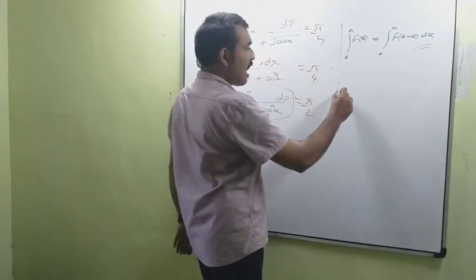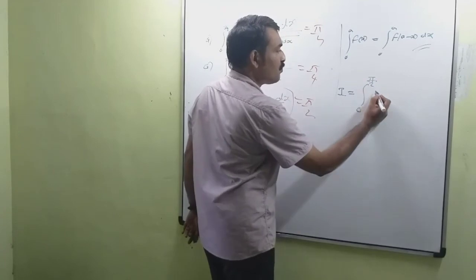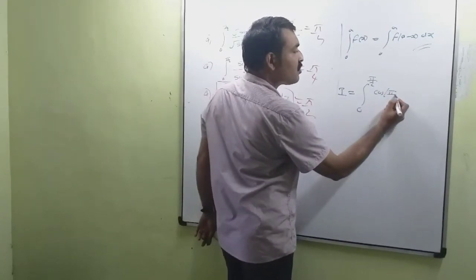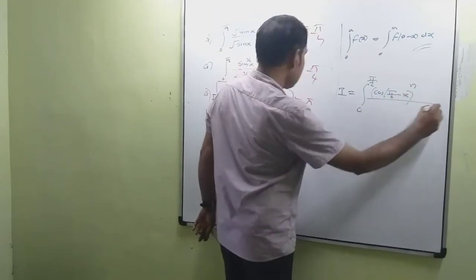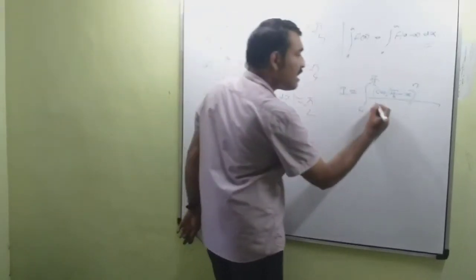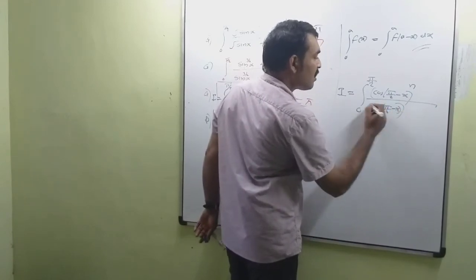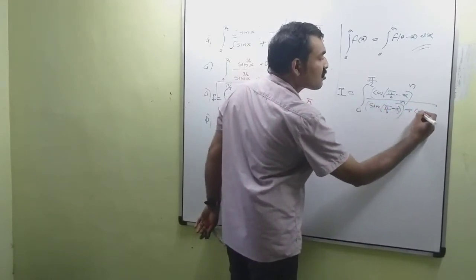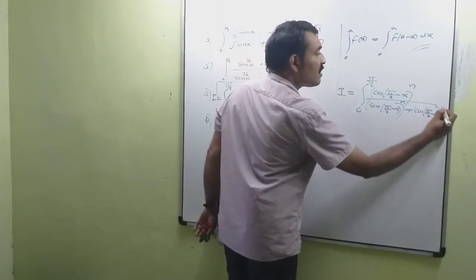We can write I is equal to integral 0 to pi by 2 cos of pi by 2 minus x the whole raised to n divided by sin of pi by 2 minus x the whole raised to n plus cos of pi by 2 minus x the whole raised to n.